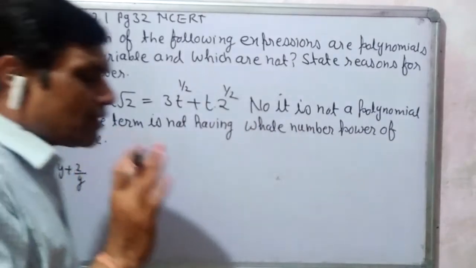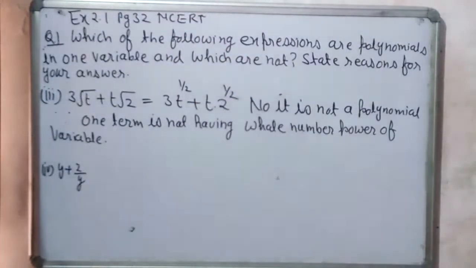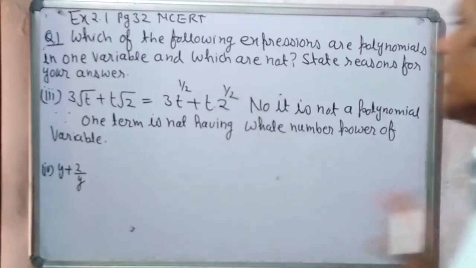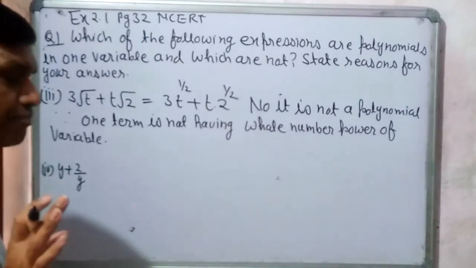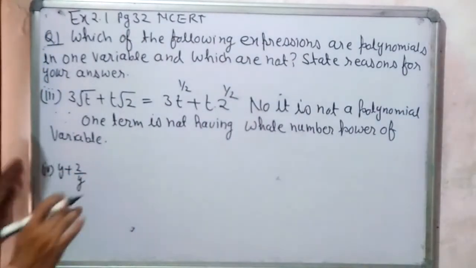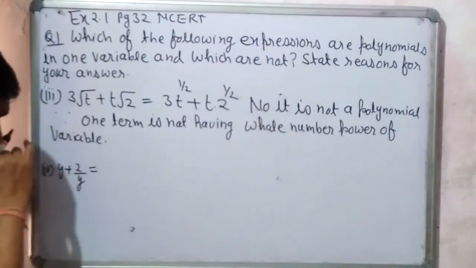One of the terms, t raised to the power 1 by 2, is not having a whole number power of the variable. So it is not a polynomial in a single variable. Right? Clear? Let us see the second part.